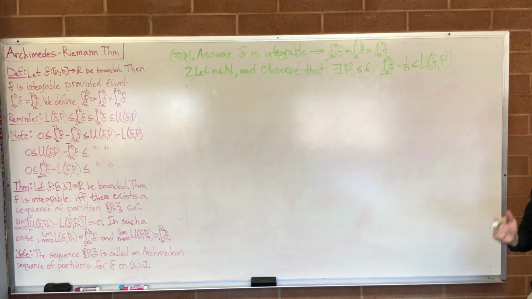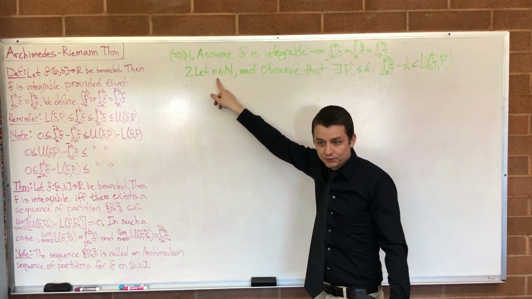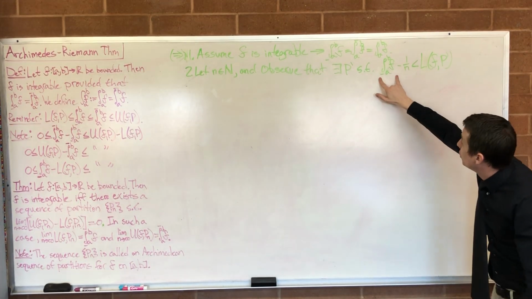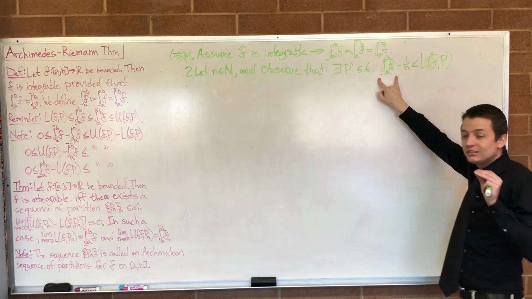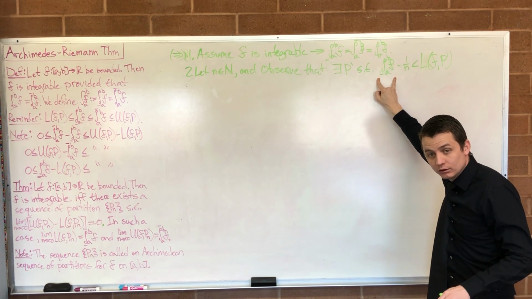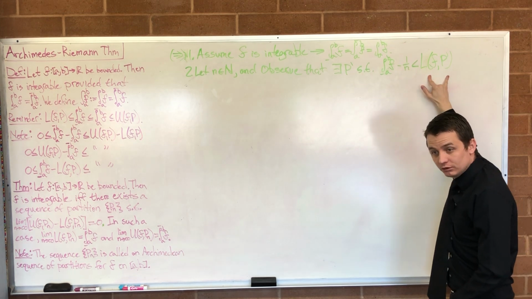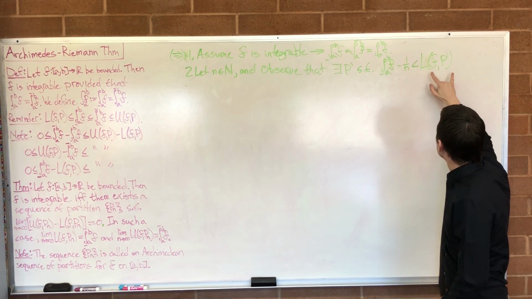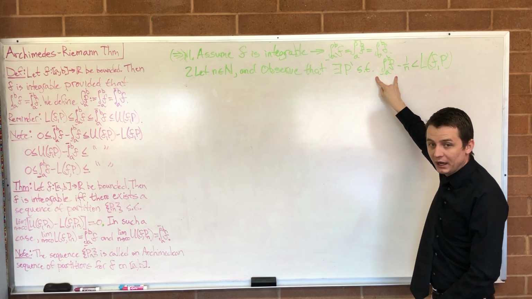Okay, now explain. Pick some natural number n. Now remember, by definition, what is this? This is the supremum, the least upper bound of all lower Darboux sums. It is impossible for me to come up with a lower Darboux sum bigger than this because this is an upper bound.